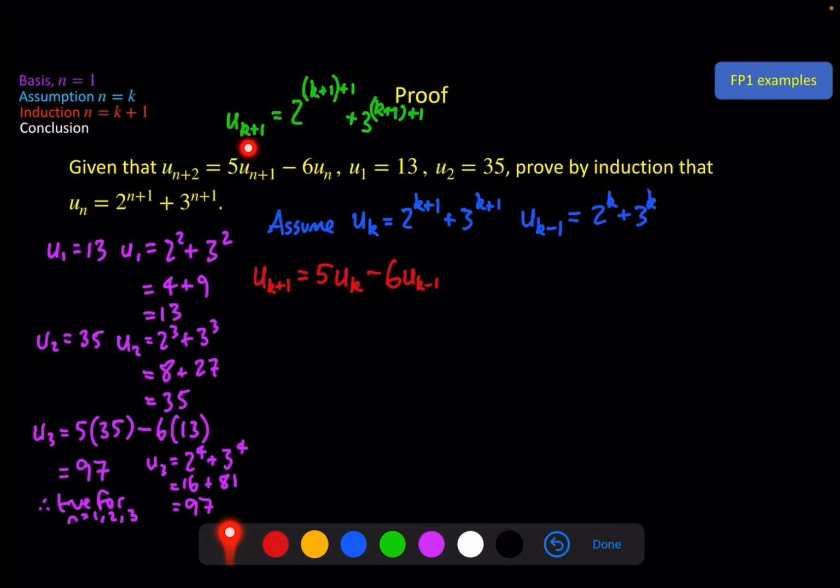And if this is true when these two are true, that's fine because I've done that here. So putting all of that into this statement here, we've got 2 to the k plus 1 plus 3 to the k plus 1 minus 6 times 2 to the k plus 3 to the k, and then we've got a bit of algebra, expand this out.